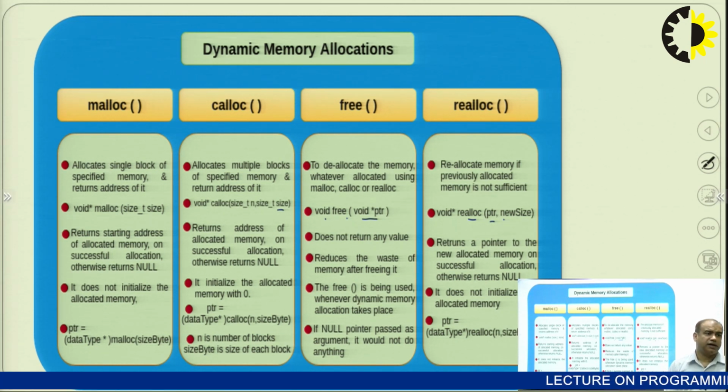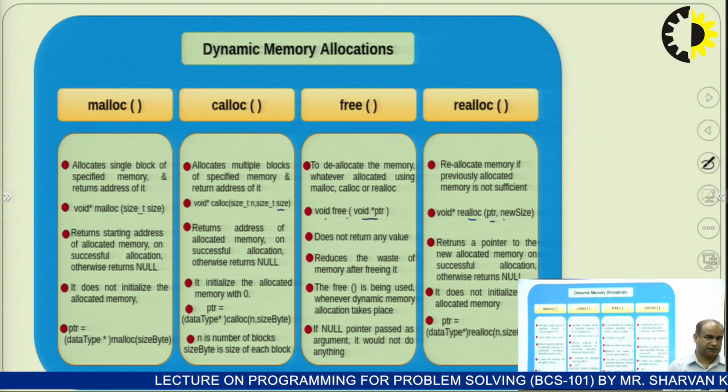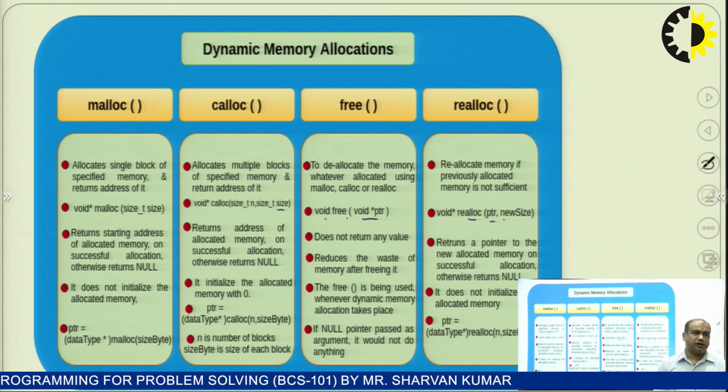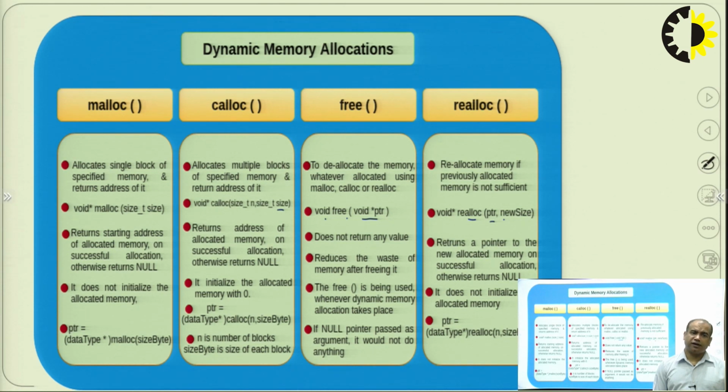Malloc does not initialize the allocated memory space, so garbage values remain, while calloc initializes the allocated memory with 0. Free is used whenever dynamic memory allocation has taken place and we don't need that memory anymore, while realloc does not initialize the allocated memory.